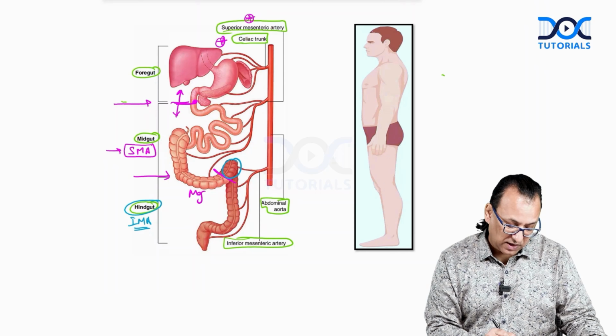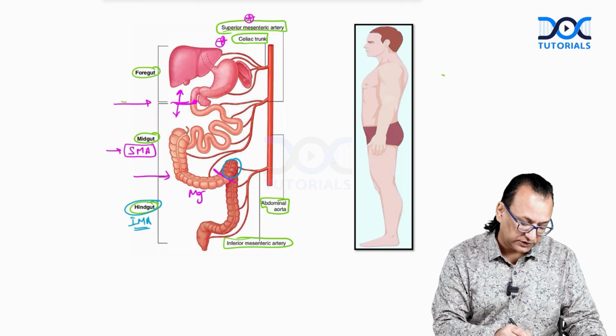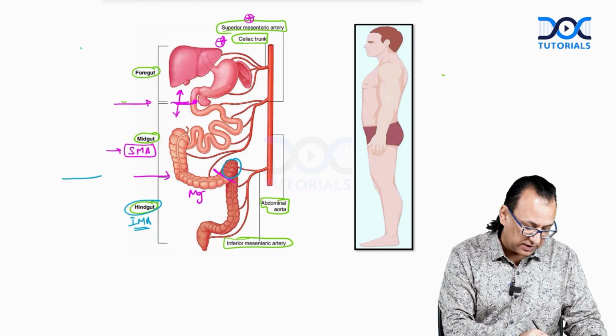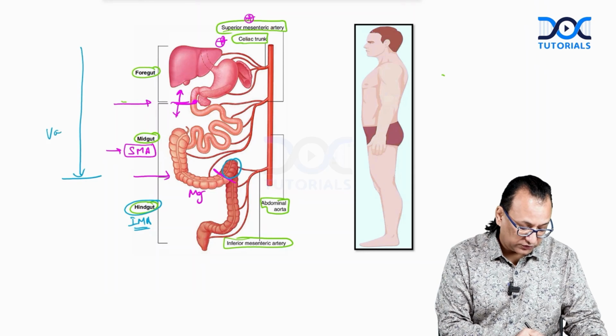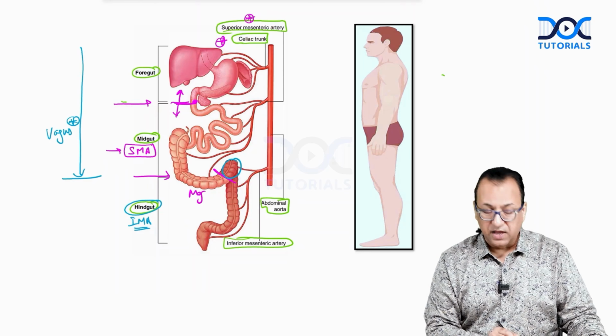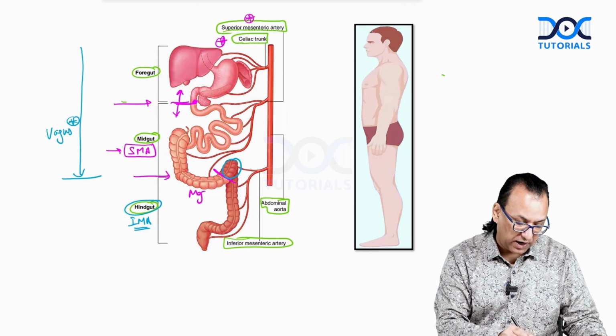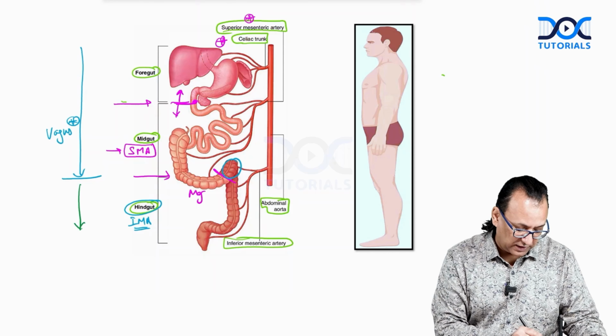Now, as we are talking about the nerve supply, if you remember, we have discussed earlier as well, till the midgut it will be the vagus nerve. So the vagus nerve is taking care of the gut tube till the midgut, and beyond that, for the hindgut, it will be taken care of by nervi erigentes.